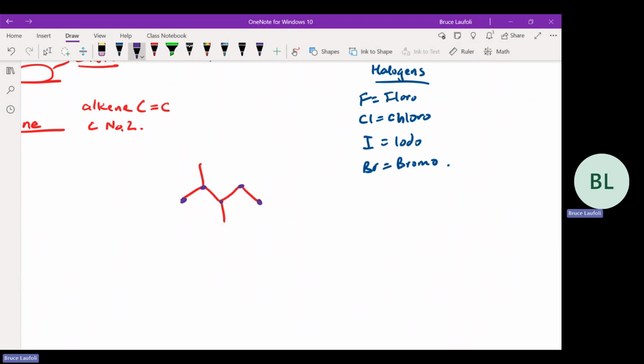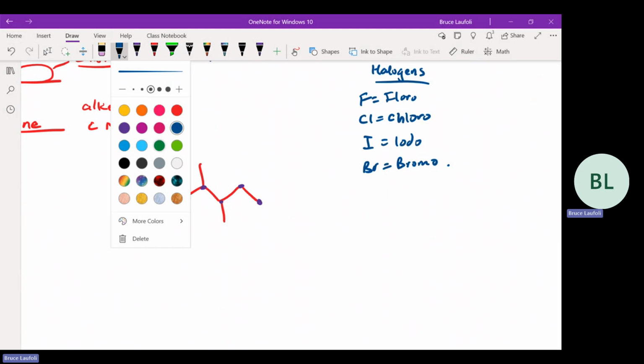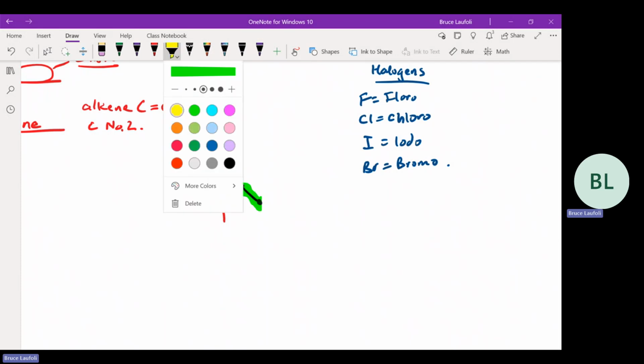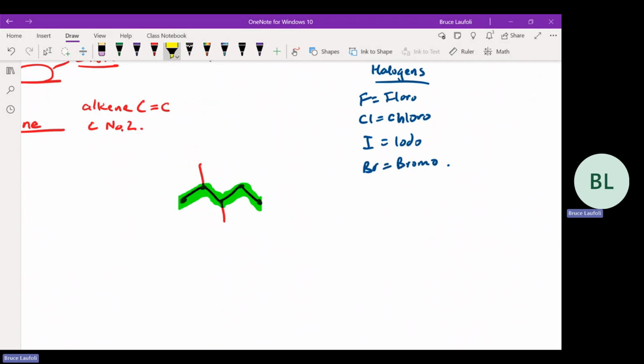If we count any other one, let's pick a different color, let's go green, we can go 1, 2, 3, 4, but that's not the longest chain, right? So you just need to identify the longest chain. So that's our longest chain over here. And the ones highlighted in yellow are substituents. That's a substituent, that's a substituent.